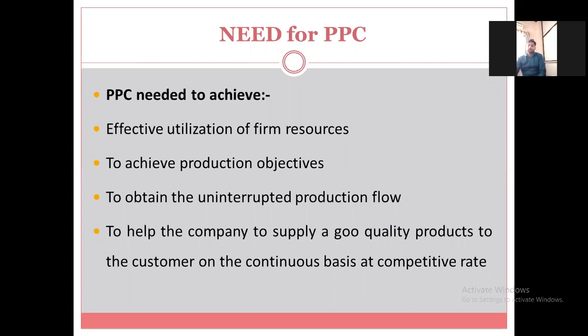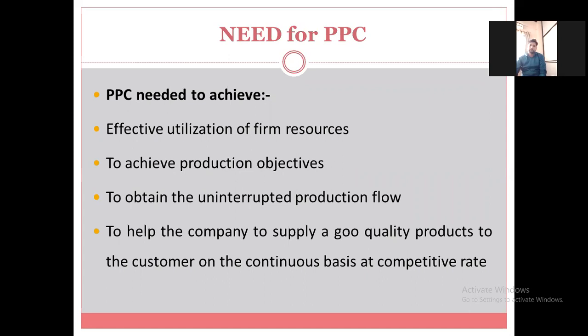Why does any manufacturing sector or any production department want this particular department, that is, production planning and controlling? First achievement: if your company has a production planning and controlling department, then the company can utilize the resources effectively.